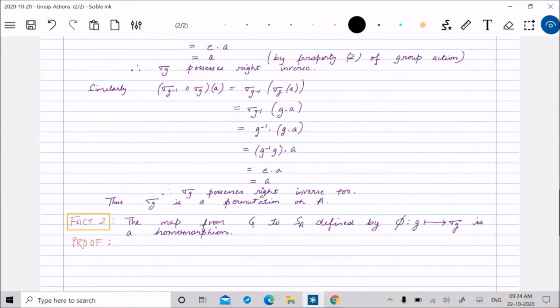Now we are coming to fact number 2, and this is just like going to the second side of a coin. Now you are going to the other side, talking about the homomorphism phi, the function which actually relates the elements of group G to the elements of SA, and this is indeed a permutation group, right? Symmetric group, you call it symmetric group. Okay, so the proof goes like this.